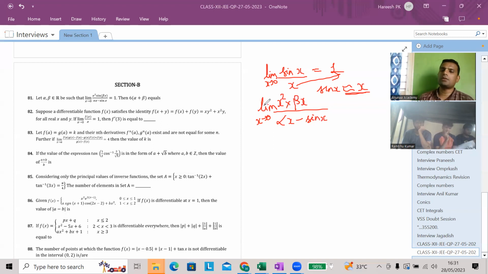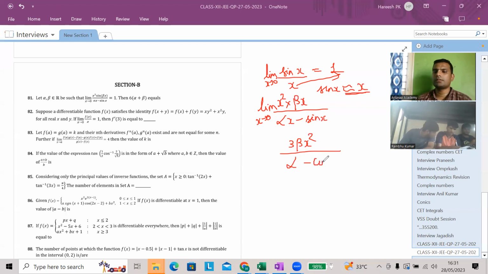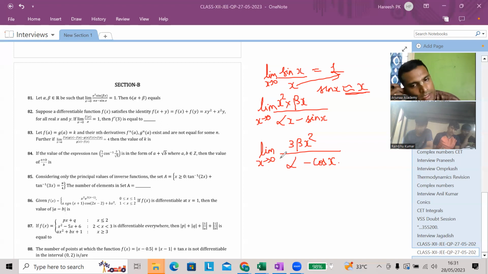What is the derivative of x cube? 3x square. So 3 beta x square, and below you will get alpha minus cos x. On differentiating, is the numerator continuing to be 0 or not? Yes, sir, it is 0. Denominator? We'll get alpha minus cos x, alpha minus 1. Now if numerator is 0, denominator also should be 0.